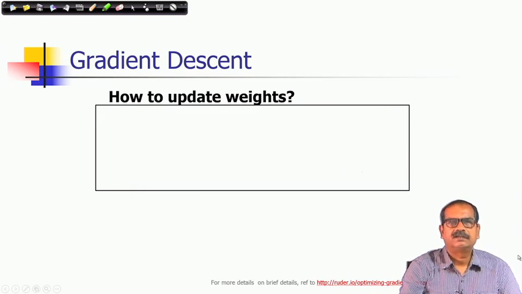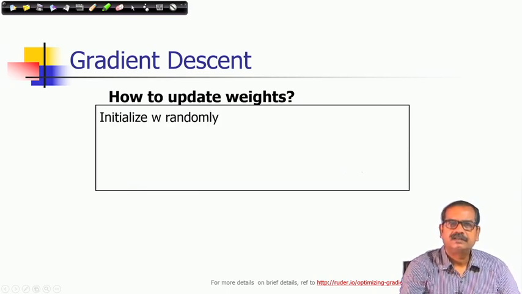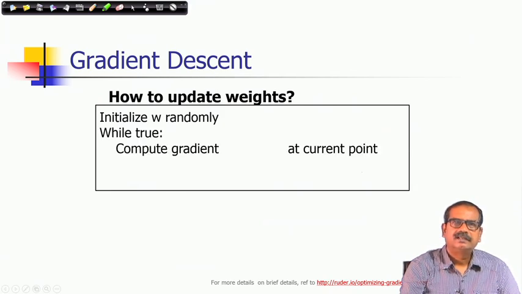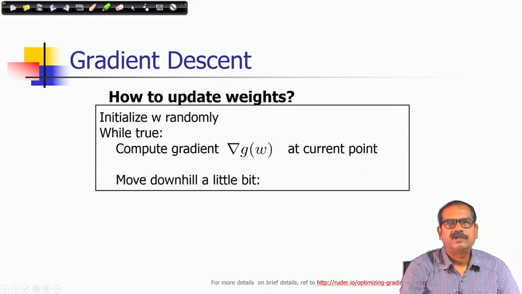The gradient descent algorithm we have discussed earlier. Let us revisit it once again in the context of this particular topic. We can initialize W randomly and then compute the gradient of G(W) at the current point, expressed as grad G(W), and then move downhill a little bit, because that is the updating process.